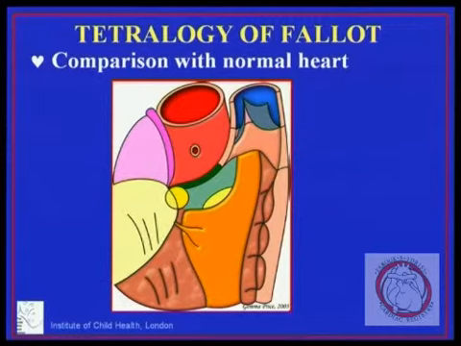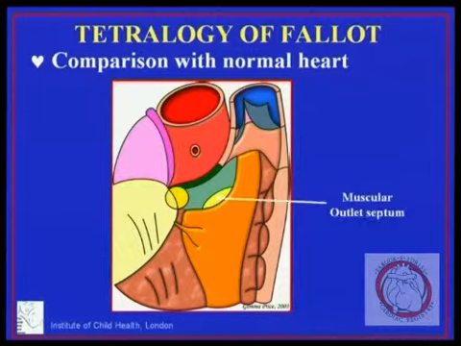Now what I emphasize to you in the normal heart is that there is a small part of the supraventricular crest that you now see as the yellow part of the crest, which is a true muscular outlet septum. But in the normal heart there is no way that we can tell where the muscular outlet septum finishes, where the inner heart curvature begins.